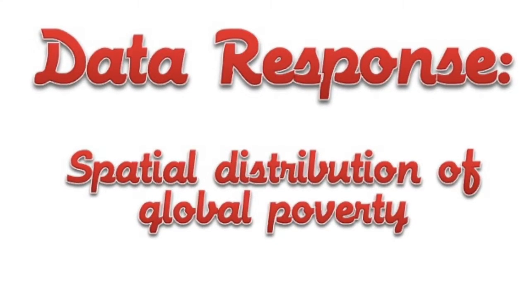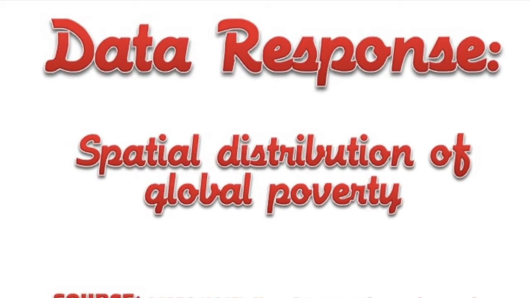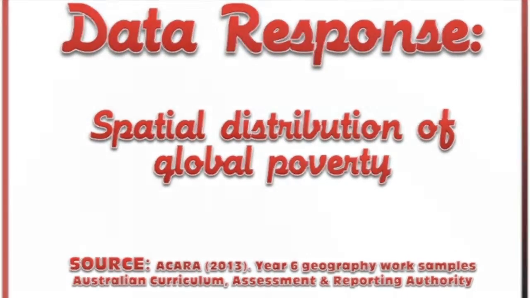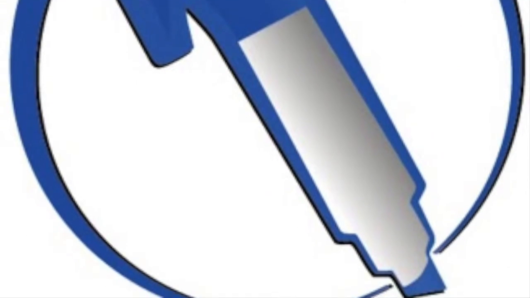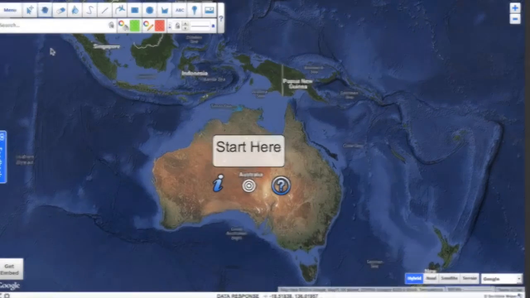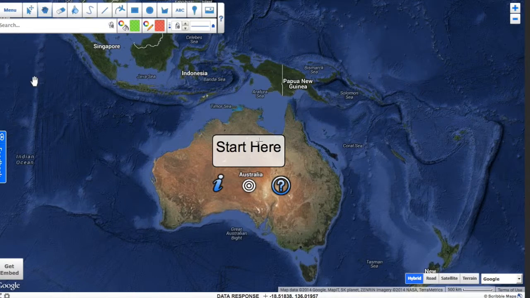Scribble Maps has been used to replace the paper version of Akara's work sample, Data Response, Spatial Distribution of Global Poverty. And I've used it to introduce some new functional enhancements. Now, this Scribble Map has been designed so that the learners can find the instructions first up.